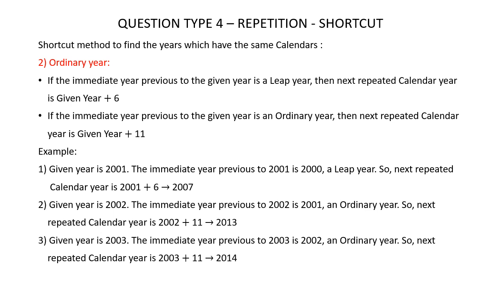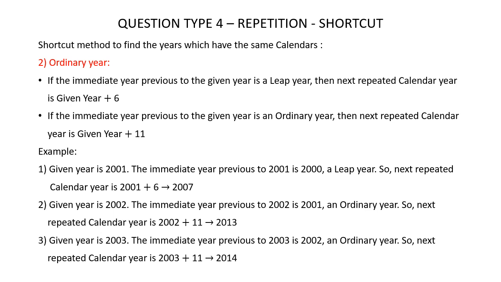Let's now look at the shortcut method to find the years which have the same calendars when the given year is an ordinary year. When the given year is an ordinary year, if the immediate year previous to the given year is a leap year, then the next repeated calendar year would be given year plus 6. Let's understand this with the help of an example. Supposing the given year is 2001.